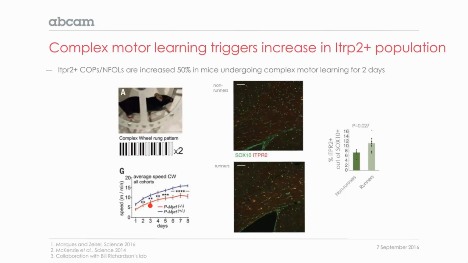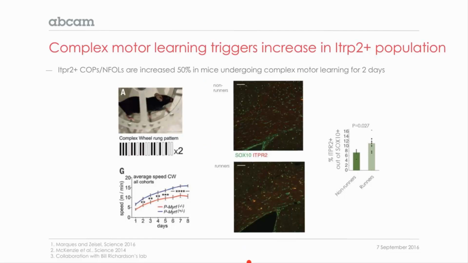And then in this collaboration with Bill's lab, we examined, in mice after 2 days under the complex motor learning paradigm, how the ITPR2 positive population, these newly formed oligodendrocytes and committed precursors, reacted. And what we could see was a 50% increase in this population, indicating that in this complex motor learning paradigm this population is indeed increased, suggesting that it might have a function in this paradigm.